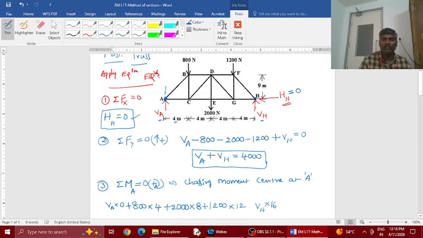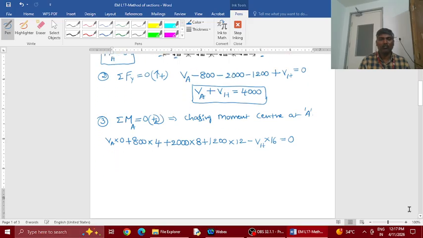Now you see this arrow is upward. So for the upward force, this line AH is being rotated anti-clockwise. So minus, which is equal to 0. So total moments acting on the truss with respect to A is equal to 0. Now if you solve this, we'll have VH alone.